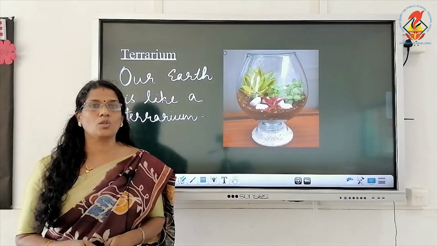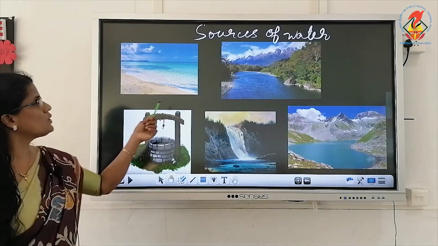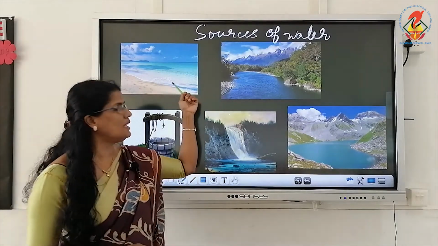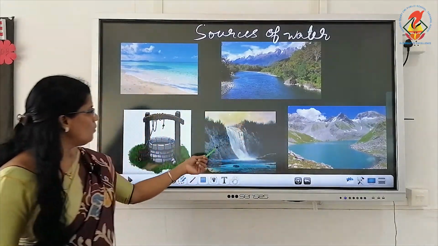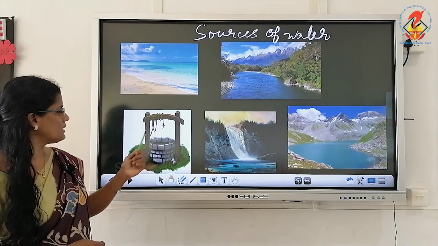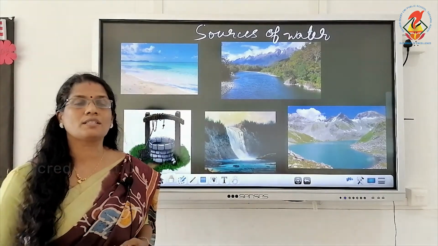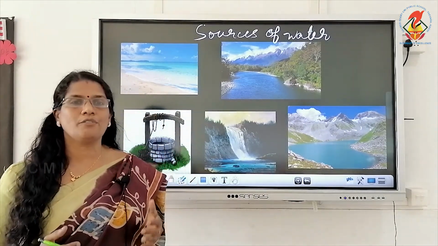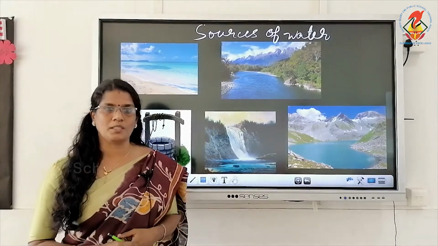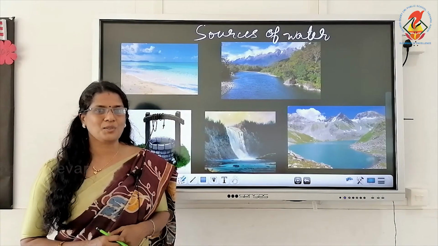Now the major sources of water are, you can see here, sea, then lakes, then rivers, waterfalls, then what else? Wells. So rivers, ponds, lakes, ocean and sea are the major sources of water. You know 3/4 of the earth is covered with water bodies. Still we say that there is scarcity of water. Why so?